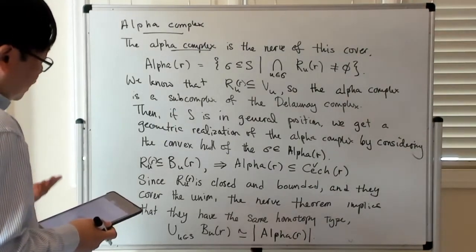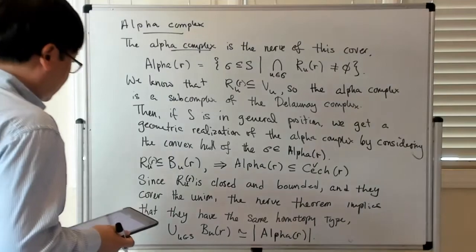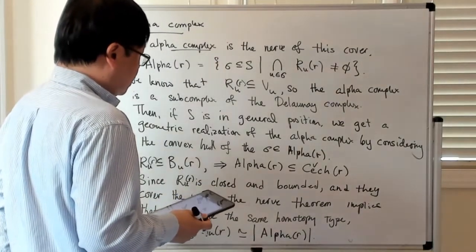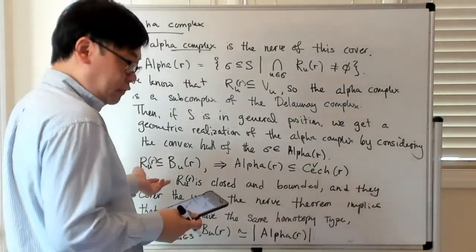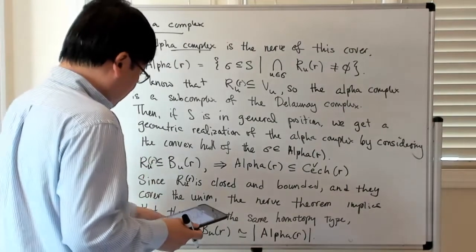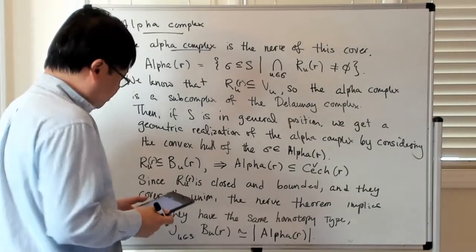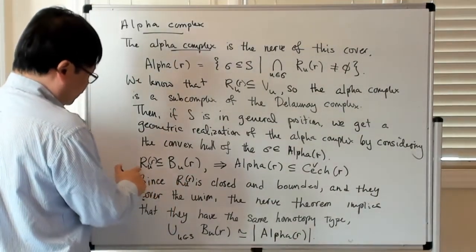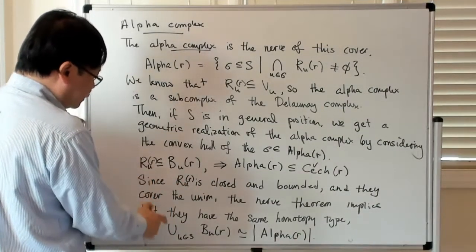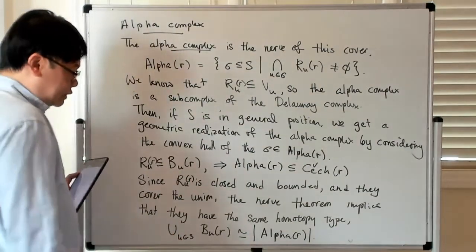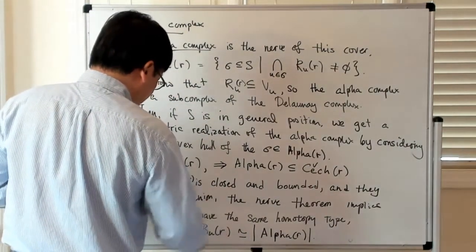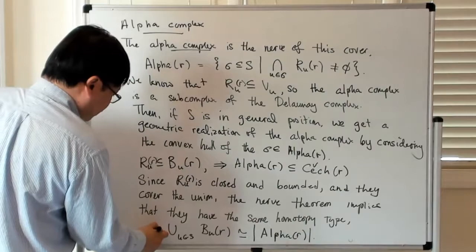I should also say that you don't really lose anything. There's one additional observation. When you take the union of these RURs over U in S, that's going to end up being the same as the union of just the balls.